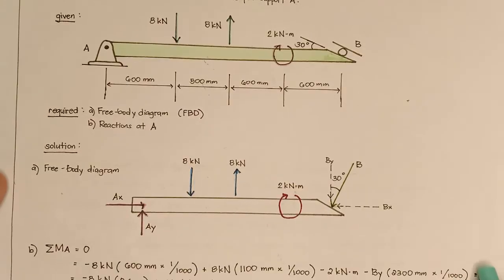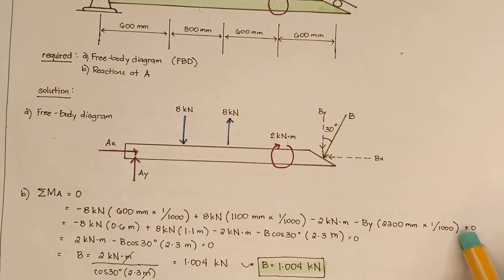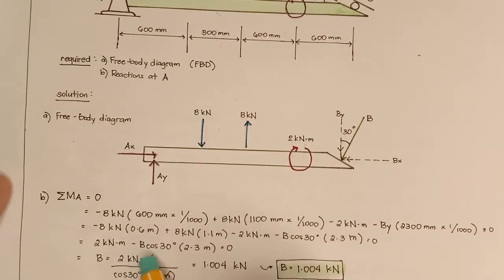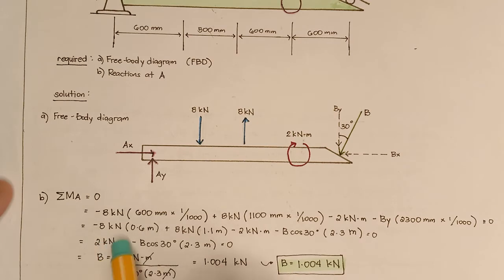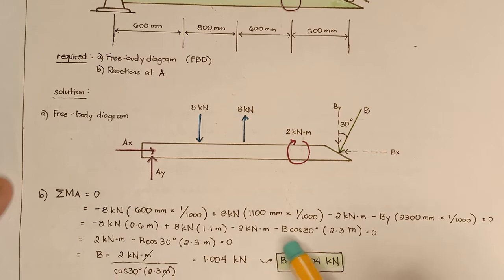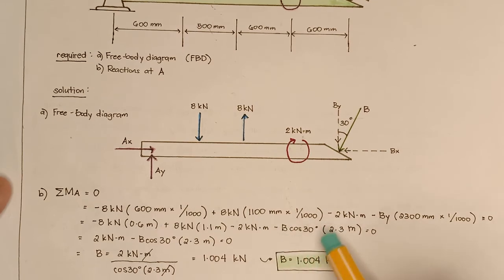So this equals 0 because it is in the equilibrium state. Upon substituting the values, we will have negative 8 kilonewtons multiplied to 0.6 meters plus 8 kilonewtons multiplied to 1.1 meters minus 2 kilonewton meters minus B cosine of 30 degrees times 2.3 meters equals 0.